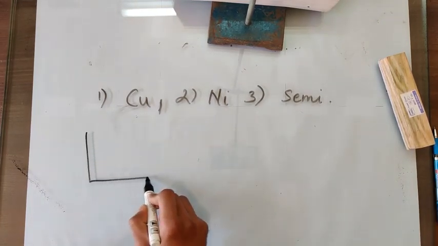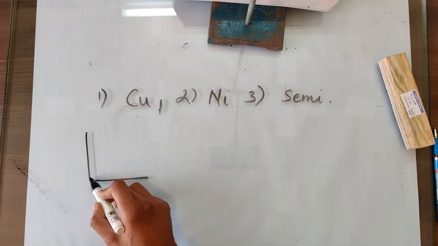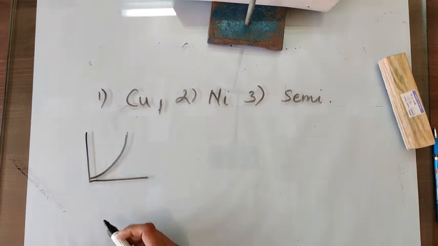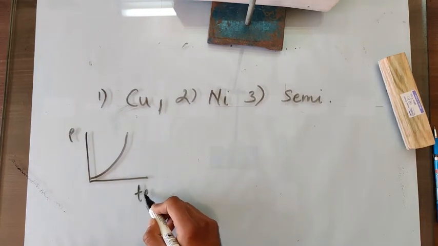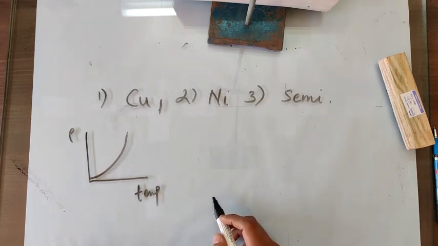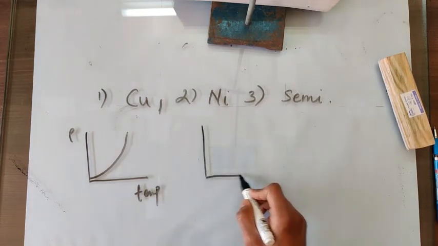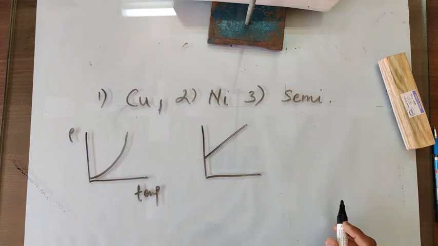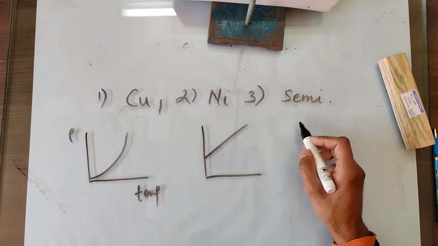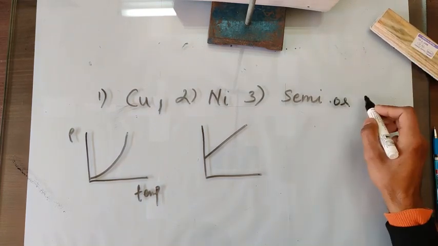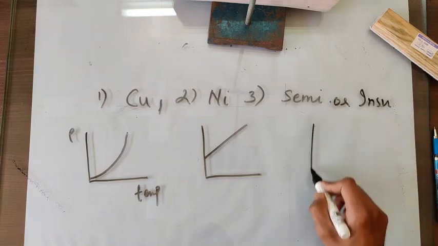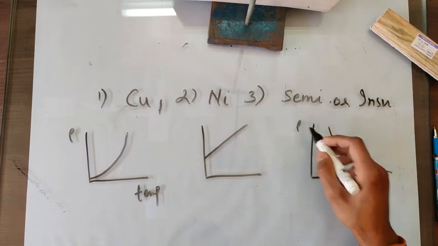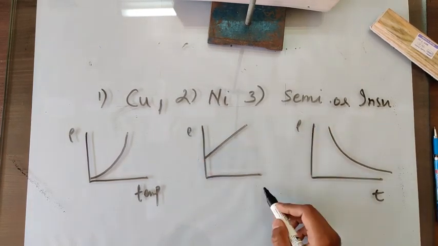For copper, the graph is like this: resistivity with respect to temperature. For nichrome, the graph is like this. For semiconductors or insulator, the graph is like this: rho versus T.